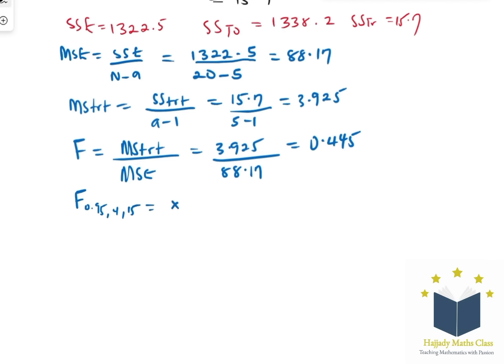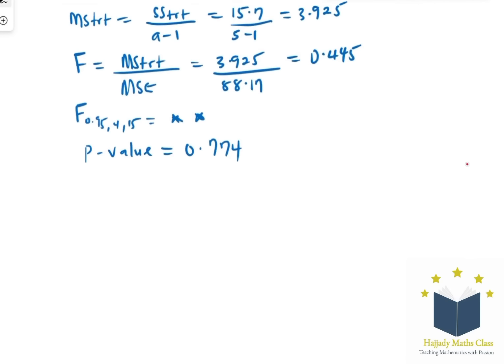So what you have, compare it. But here I'm going to use p-value. I use my calculator to get my p-value, which happens to be 0.774. So lastly, for my comment, I'm going to use the p-value to make a conclusion.